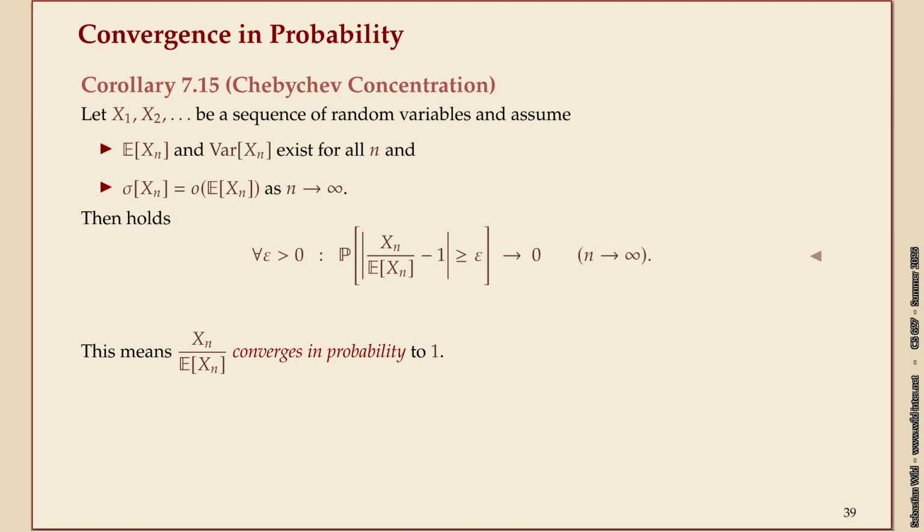What we get from this, apart from obviously the inequality as stated, I think slightly more intuitive is the following. If you have a sequence of random variables, so they depend on n, where expectation and variance exist, and the crucial additional property here is that the standard deviation, or square root of the variance, is little o of the expectation.